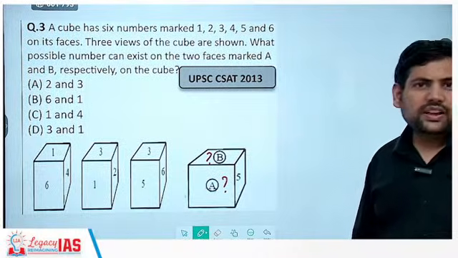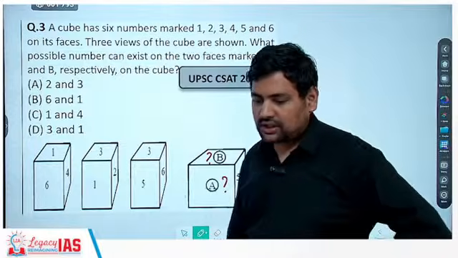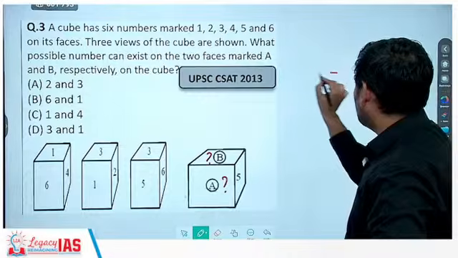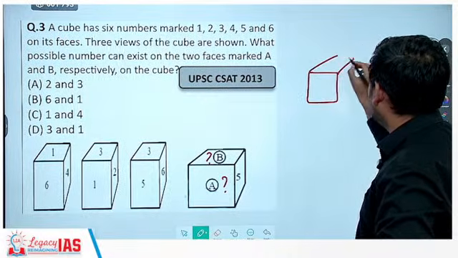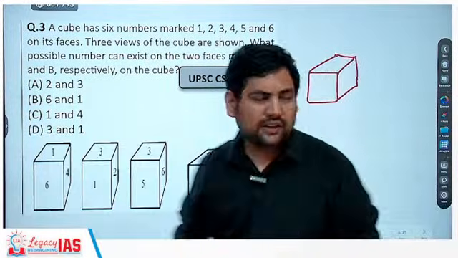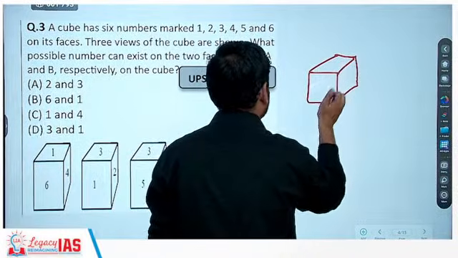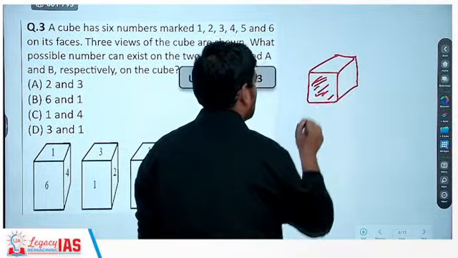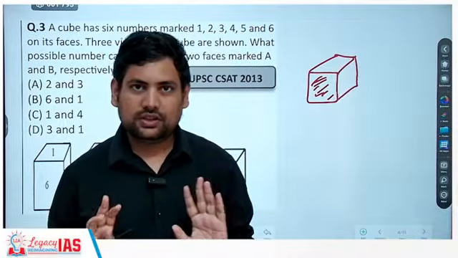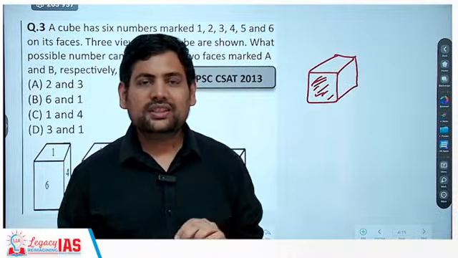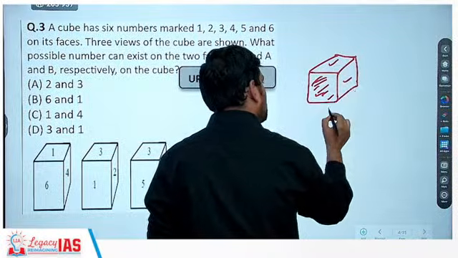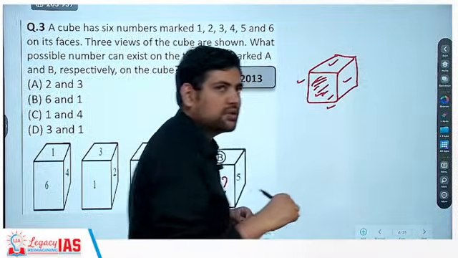Now, first of all, you need to understand one thing. If you take any dice and look at this face, what are the other faces that it is touching directly? This face is being touched by this one, this also, the bottom one also, and the side one also.